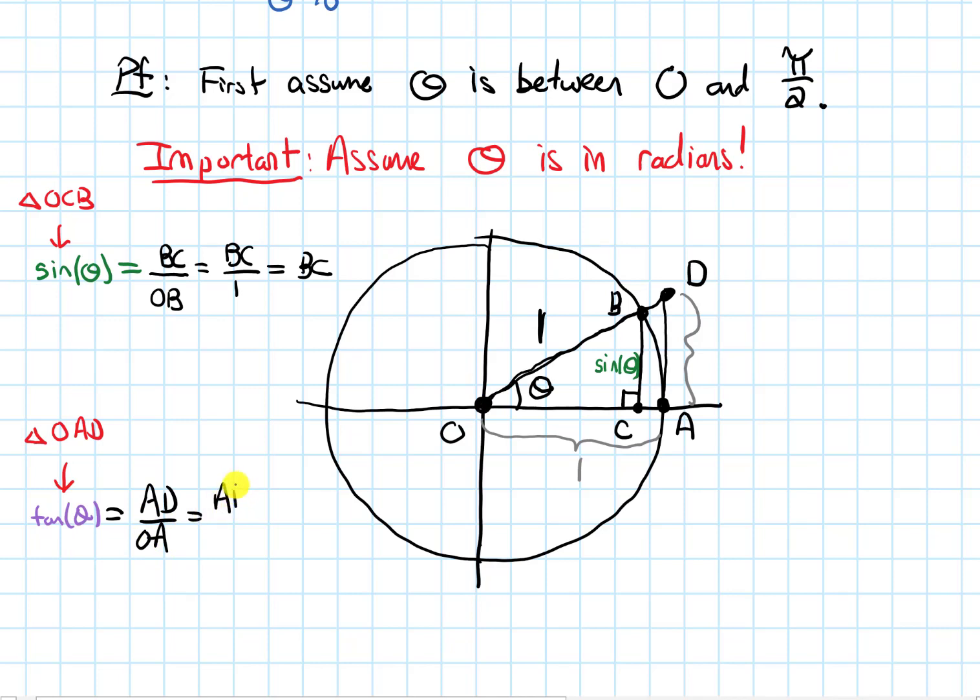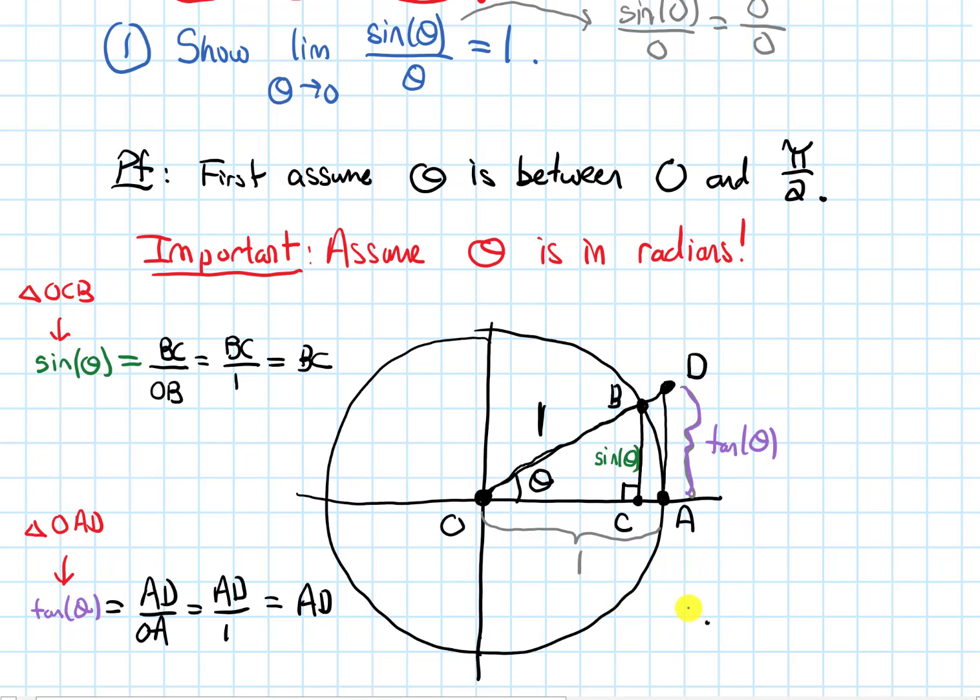So we have AD over OA, but OA is 1 because it's the radius of the circle, and AD over 1 is just AD. So that tells me that AD, this length, is tangent of theta. So a couple of these lengths of the sides of these triangles we can express as trig functions.